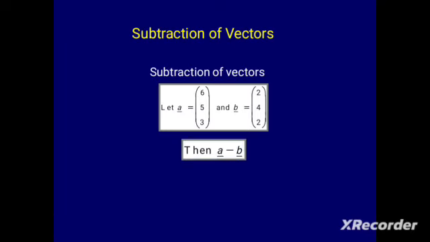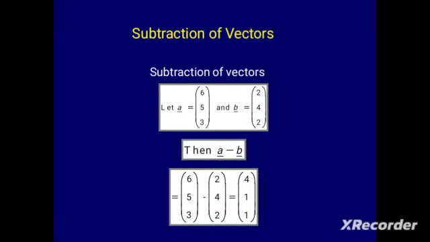Therefore, we can now subtract vector B from vector A. So vector A minus vector B. This will give us (6, 5, 3) minus (2, 4, 2), and now this is giving us (4, 1, 1). We are just subtracting the corresponding elements.